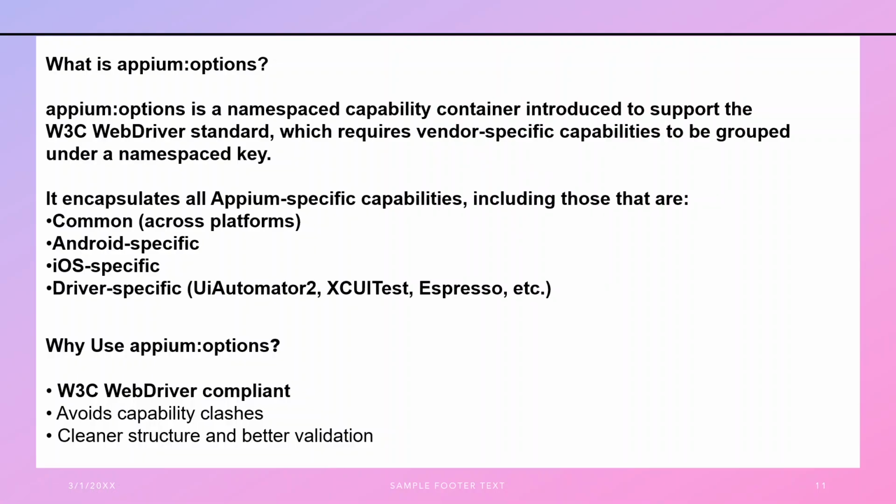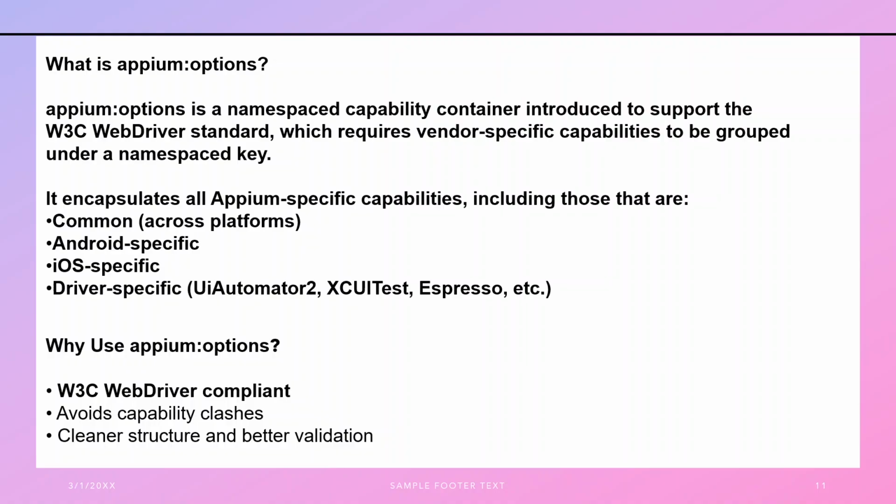In short, we can say it acts as a container which holds the vendor-specific capabilities as a group. It encapsulates all the APM specific capabilities, including those common across the platform, Android specific, iOS specific, and driver specific. These types of capabilities you can group together. That is what the APM options are.